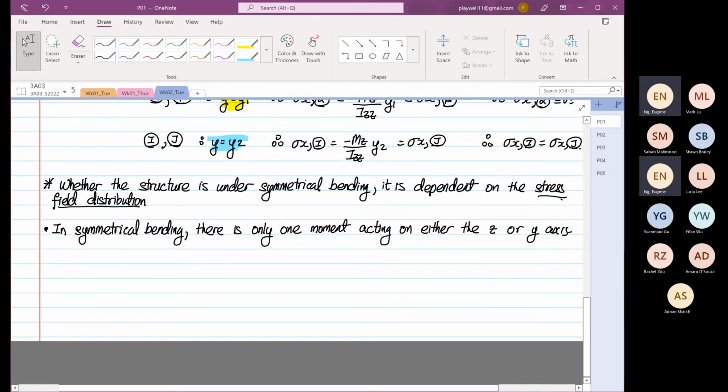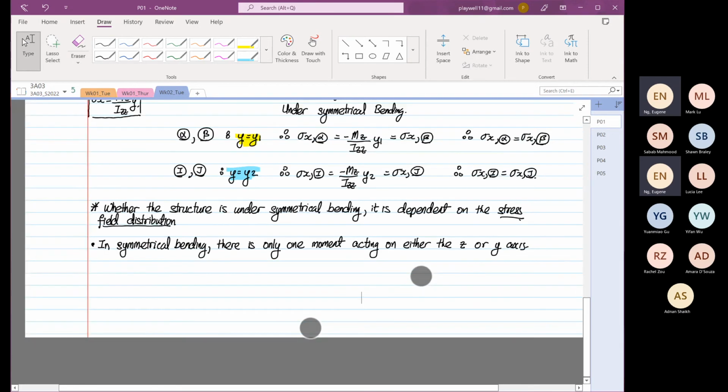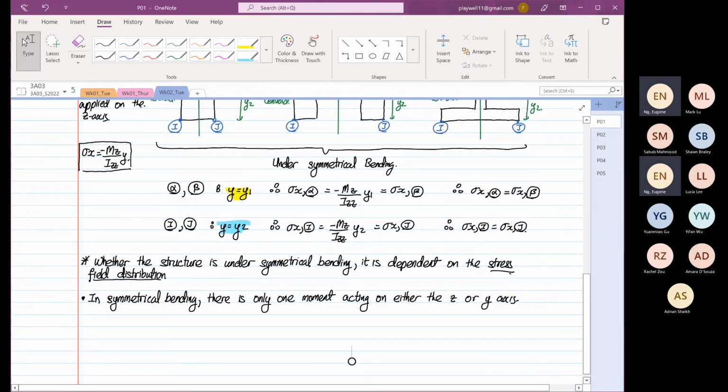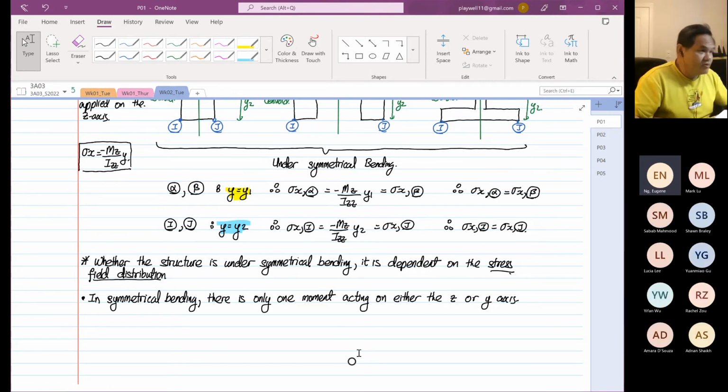Now, if we have a structure, I'll change to another page. Any questions so far? Anyone, please? Oh, sorry, I should turn this on. I don't want you all to feel like you're lonely.